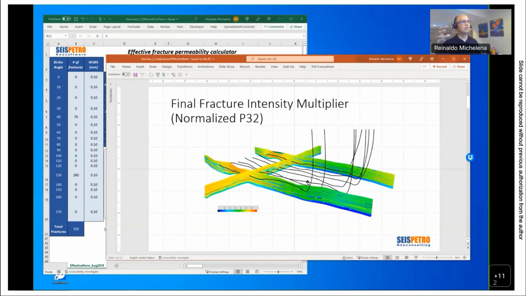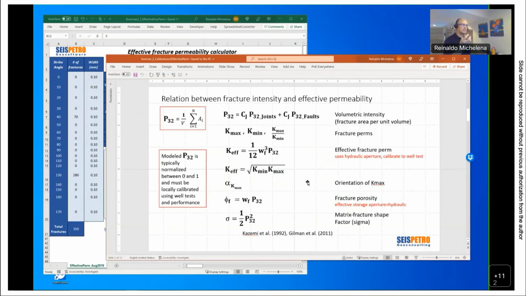We're also going to be using, internal in the spreadsheet, these equations that Jim presented yesterday. This is the equation for P32, which is programmed into the spreadsheet for different fracture orientations.